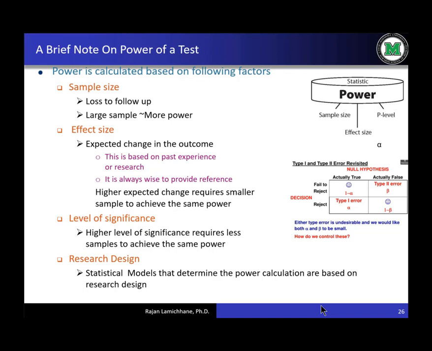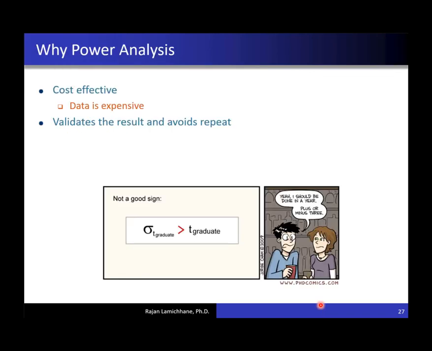And why do we need power analysis in research? Because power analysis is required since we don't want too much data to be collected, because data is expensive and the collection of the data is also costly. We just need the optimal amount of data to be collected.